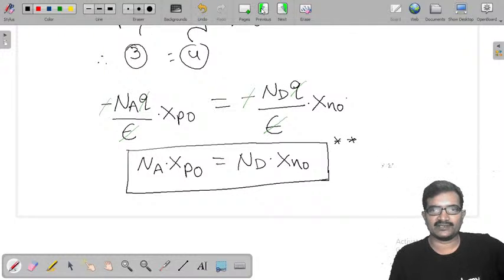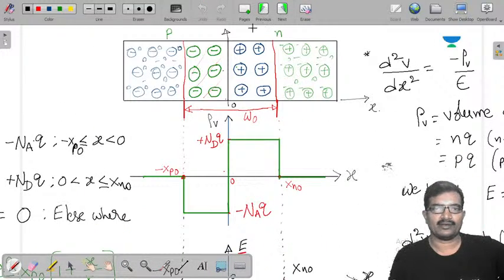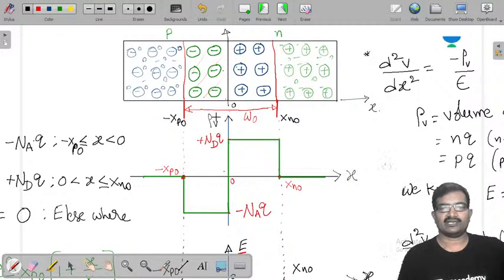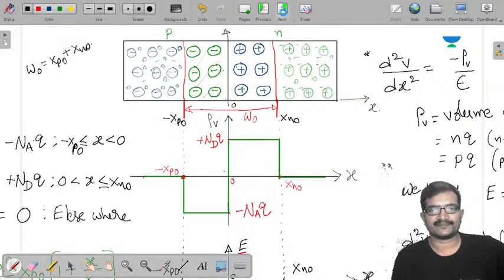And if you observe the plots we drew previously, this is the depletion region with width W naught, and here it is minus xp naught and xn naught. So W naught is xn naught minus of minus xp naught. That means we can write W naught is xp naught plus xn naught.